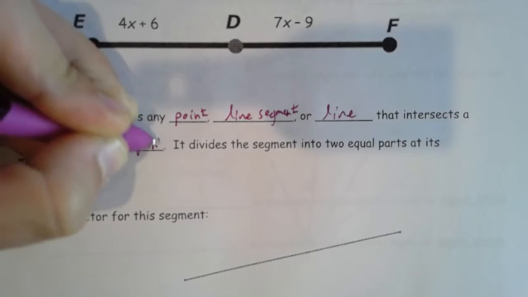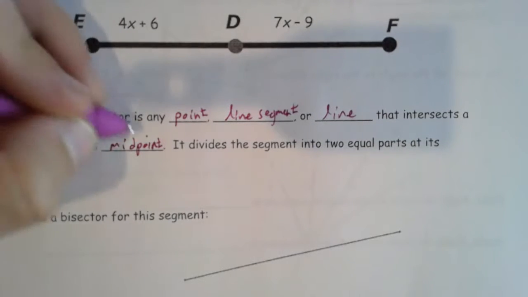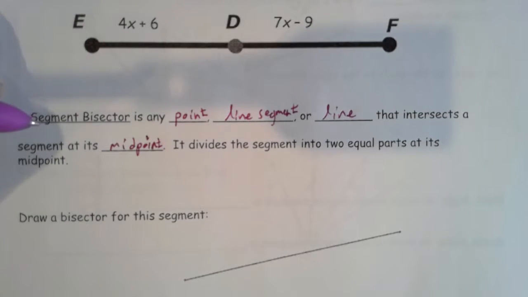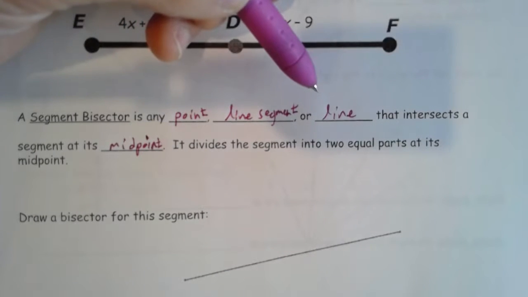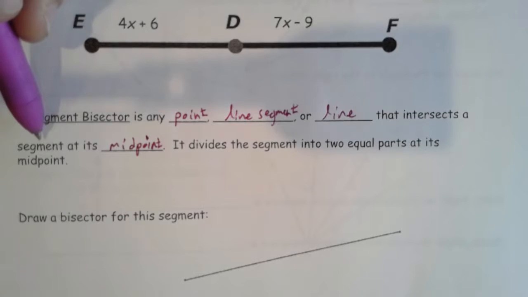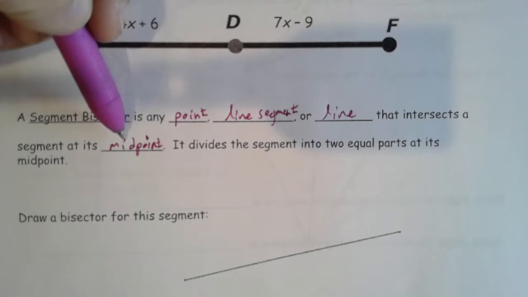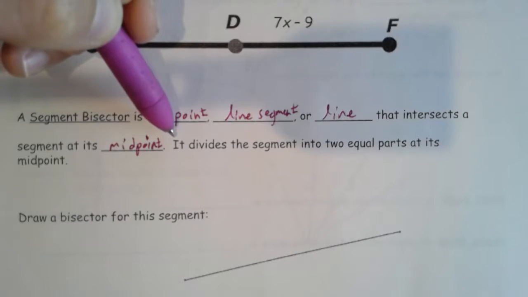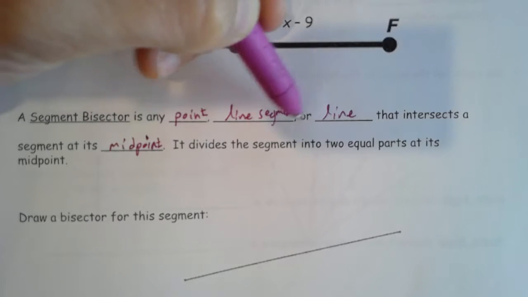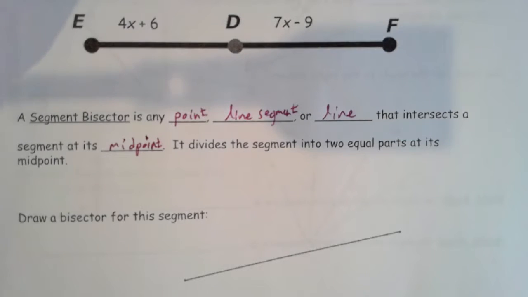Sorry about my handwriting. We said if you bisect, it means you're cutting something into 2 equal parts. If you're a segment bisector, you're a point, line, segment, or line that intersects a segment exactly at its midpoint. And that means that I divide a segment into 2 equal parts at that midpoint.